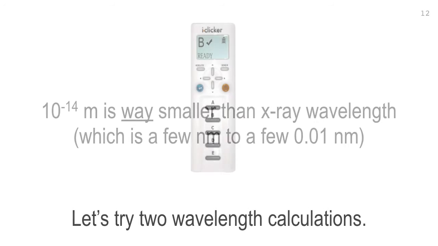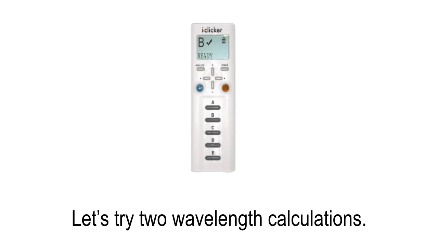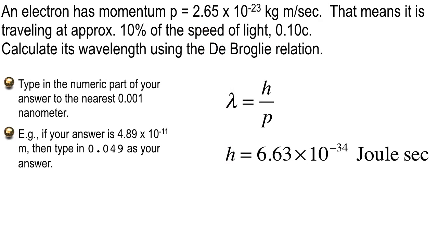All right, here we go. Let's try some calculations. I'm going to turn you loose. Here's number 1, electron. And I'm giving you the momentum state, 2.65 times 10 to the minus 23 kilogram meter per second. Hey, there's Planck's constant. h equals 6.63 times 10 to the minus 34. Don't mess up the exponent. I saw a student after class just now, and he said, Dr. B, where did I make an error?